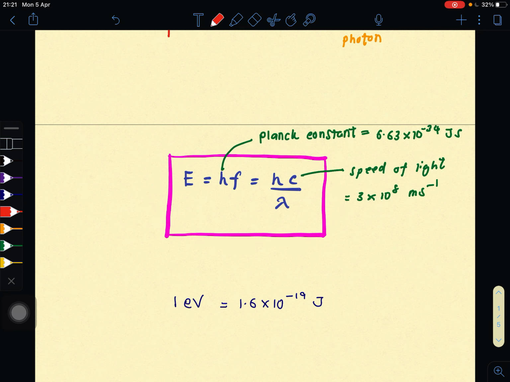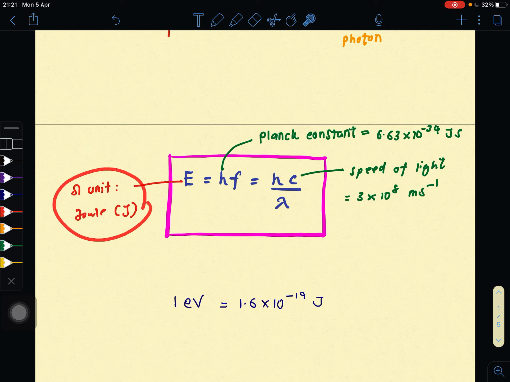Okay, so we know that the SI unit of energy is joule. This we learned before. But in this chapter, we always use energy in a new unit.